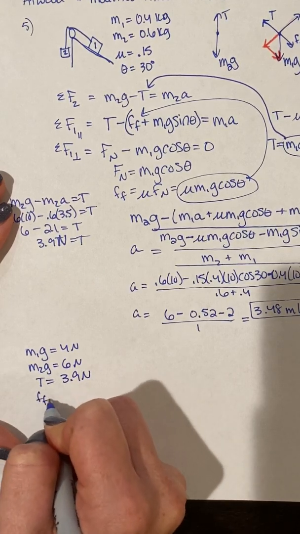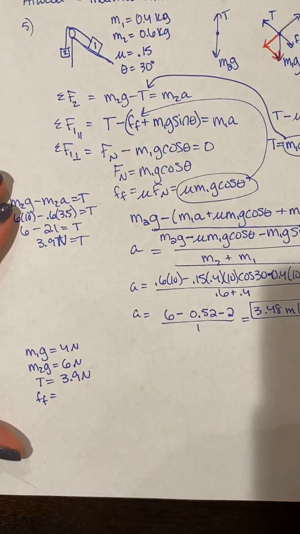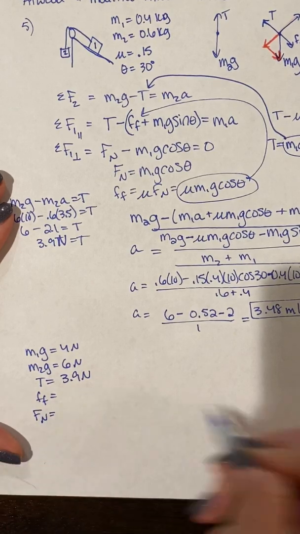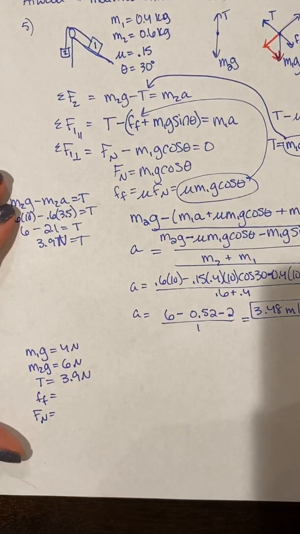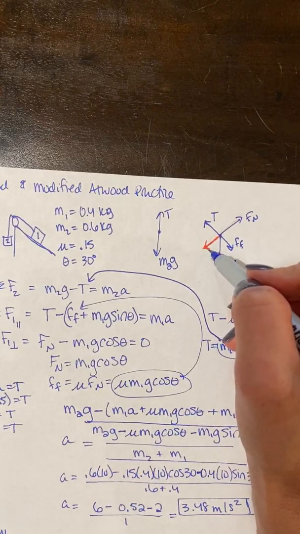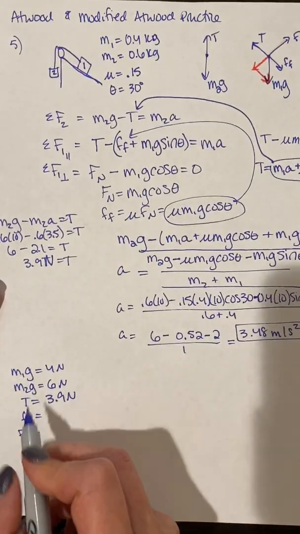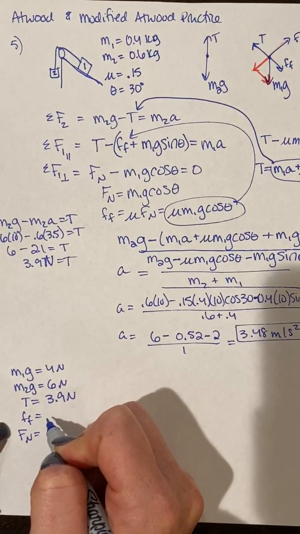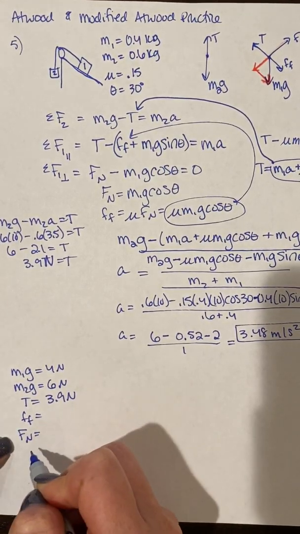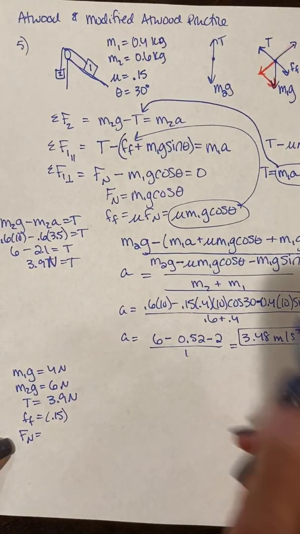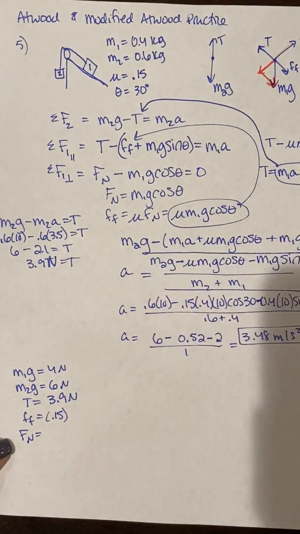My frictional force, I don't think we solved force normal, is going to be equal to, we have to do a few of these. Okay, so my frictional force is mu times force normal. My force normal is going to be equal to mg cosine theta.